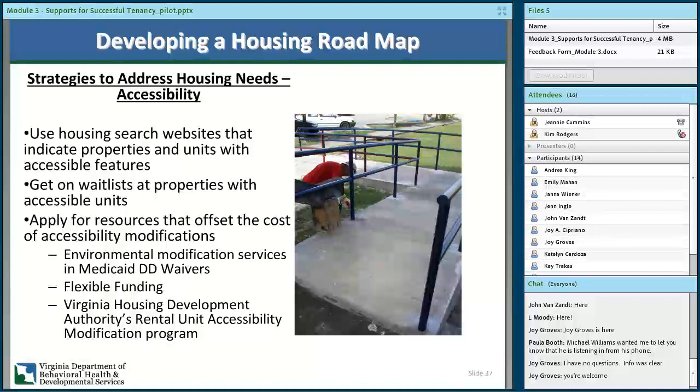There are 3 major resources to consider: environmental modification services in the Medicaid DD waivers, flexible funding, and Virginia Housing Development Authority's Rental Unit Accessibility Modification Program. For links to housing search websites and details on these funding sources for accessibility modifications, please see the FAQ for Module 3.